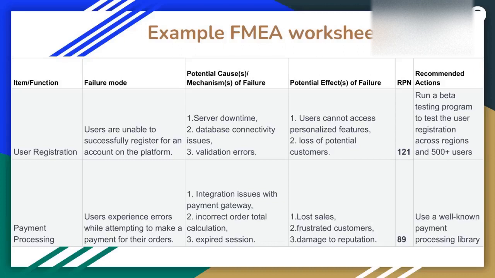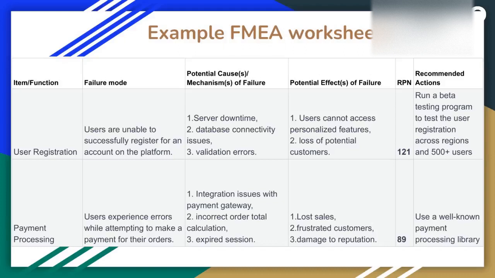But with relatively lower urgency. So, if you look at this example in our slide, maybe the user registration related failure mode will take the higher priority compared to a payment processing failure mode, right? Again, this is based on the formula or the calculations related to the risk priority number.